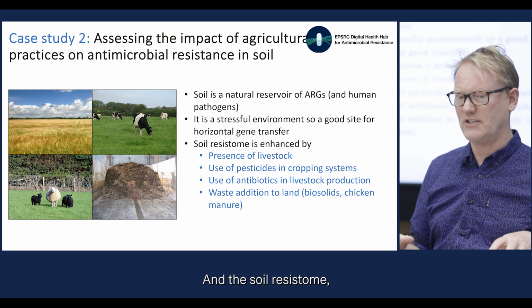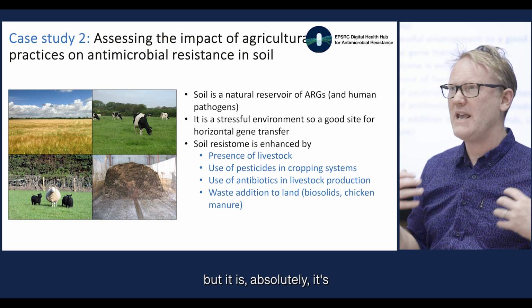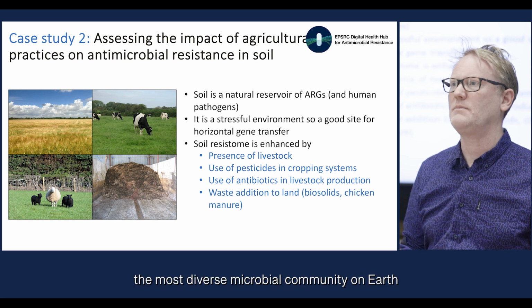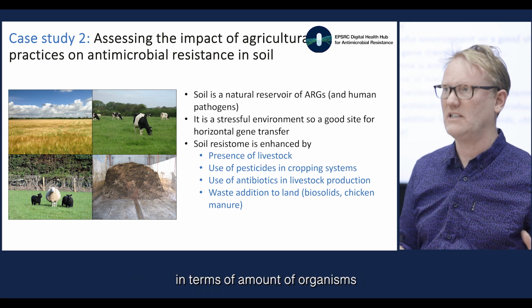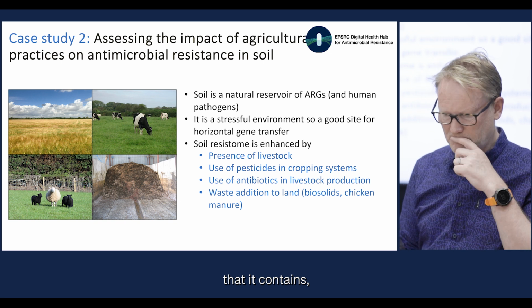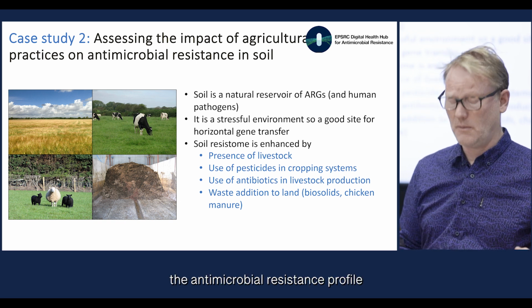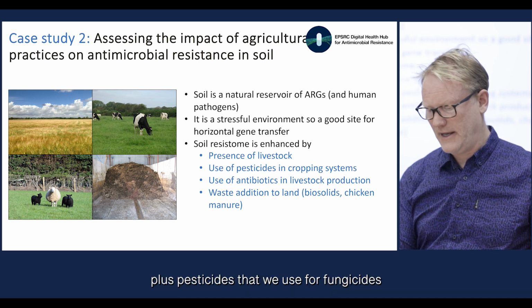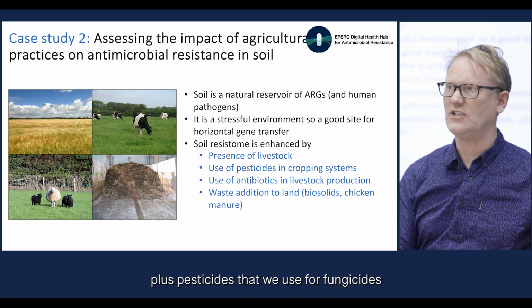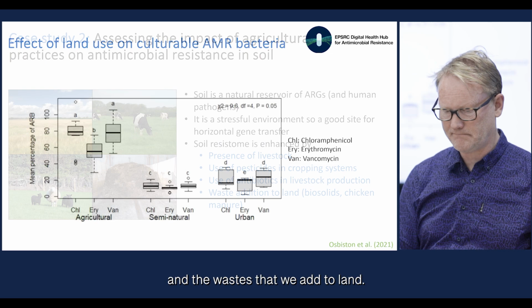And the soil resistome, most people don't really consider the soil very often, but it's the most diverse microbial community on Earth and the most abundant in terms of the amount of organisms that it contains. The antimicrobial resistance profile relates to the level of antibiotics we use in livestock, plus pesticides that we use, for example fungicides in cropping, and the wastes that we add to land.